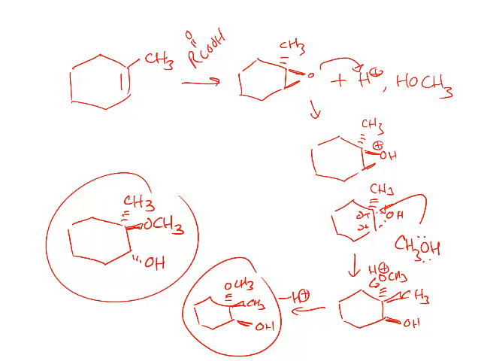So which one's the major product? The top circled or the bottom circled? It's a racemic mixture.